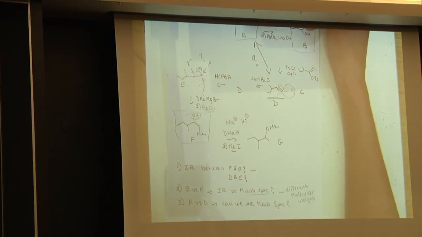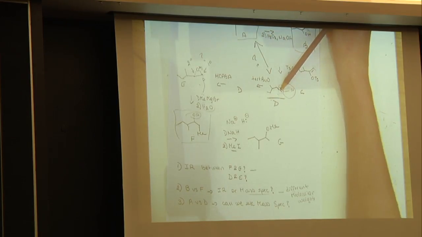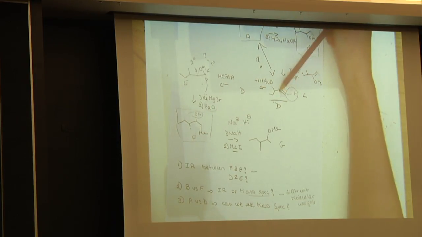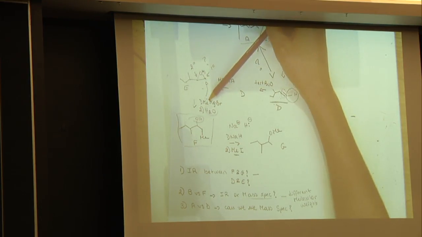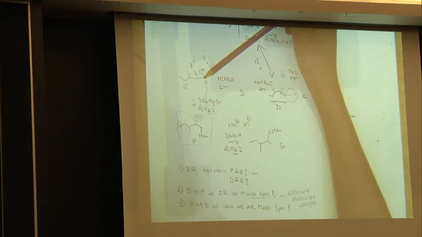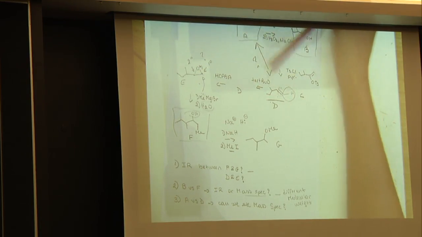Here I have an internal alkene, and here I have a terminal alkene. What about the carbon chains? The mass. Do I have the same number of carbons? Yeah, I haven't added any carbon yet, right? The methyl comes after with the ring opening. So they have the same mass.